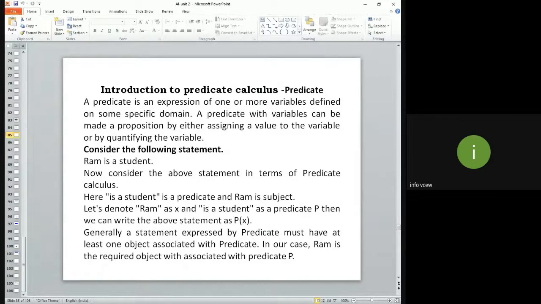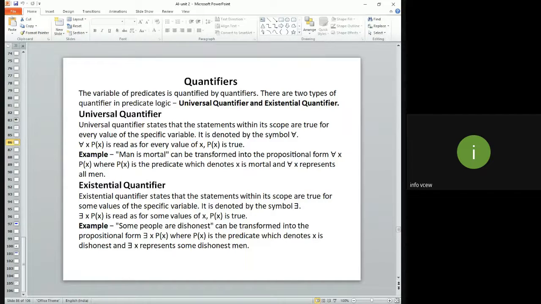Based on predicate calculus, you have the quantifiers. We have two types of quantifiers: one is the universal quantifier, and the other is the existential quantifier. You remember these words from your school days, don't you?